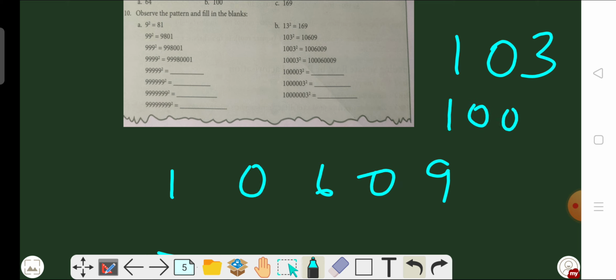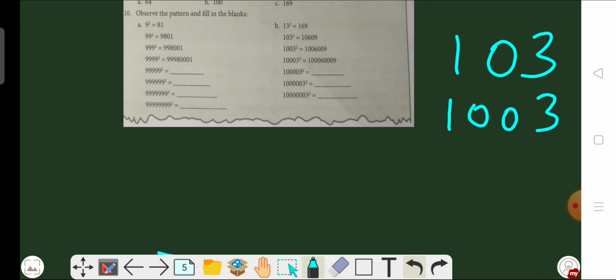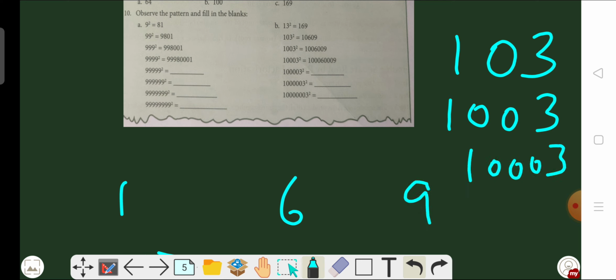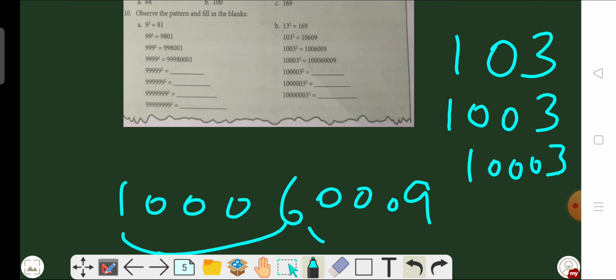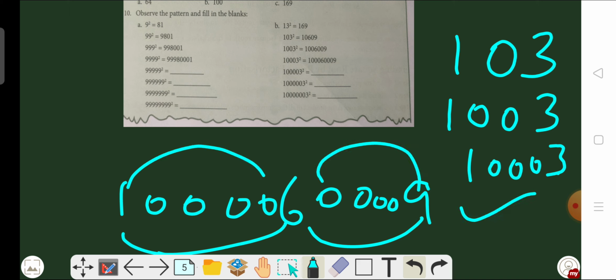And if we have given 2 zeros, then we have to put 2 zeros between 1 and 6, and 6 and 9. And if we have given here 3 zeros between 1 and 3, then we have to put 3 zeros in between 1 6 and 6 9. If we have given 4, then you have to write 4 zeros in between 1 and 6 and 6 and 9. In this manner you have to fill the B part.